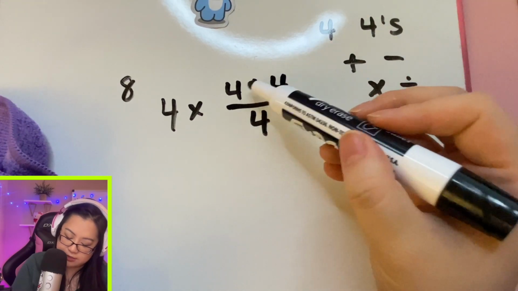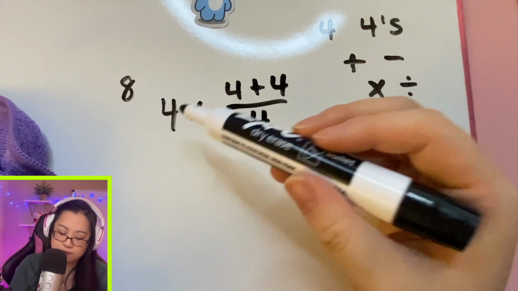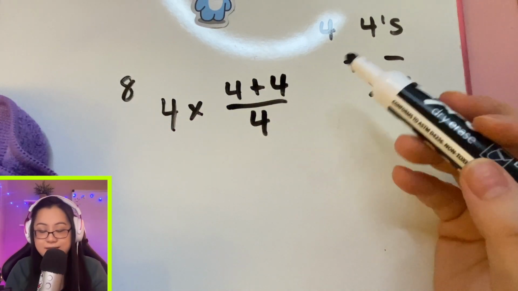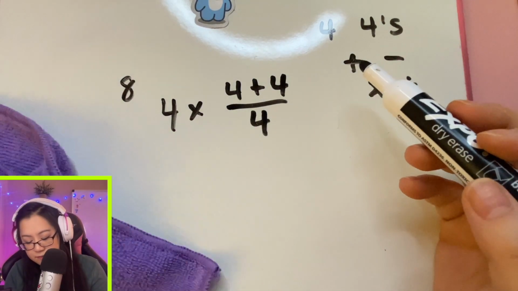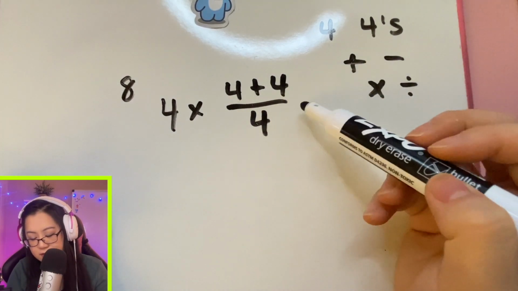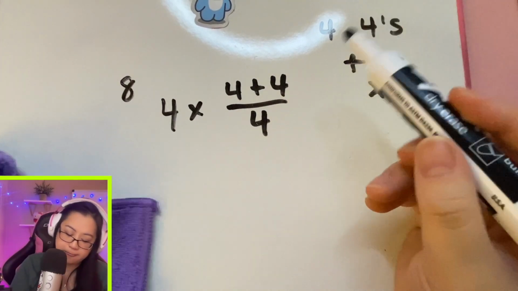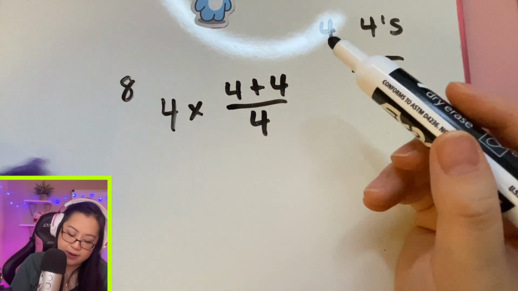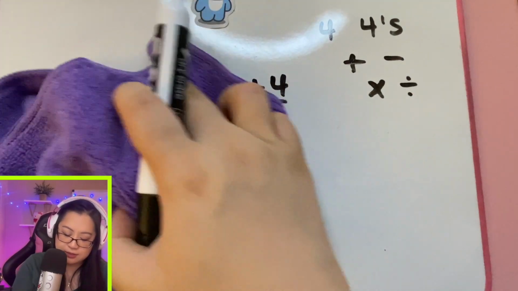Yeah, 8 divided by 4 is 2. 4 times 2 is 8. Okay, that's the same as 4 plus 4 times 4 over 4. Okay, that works. And then 9.